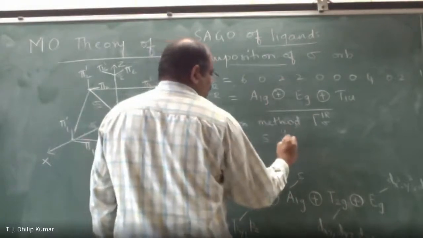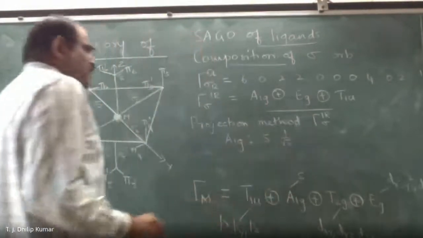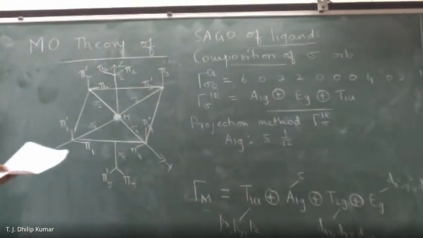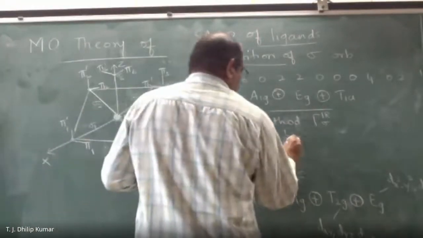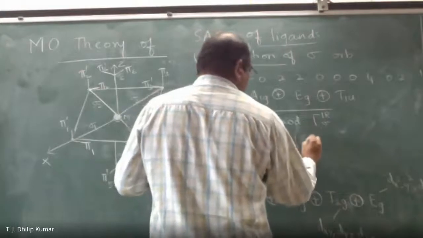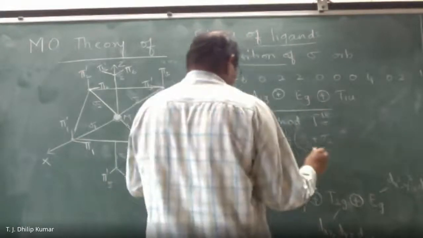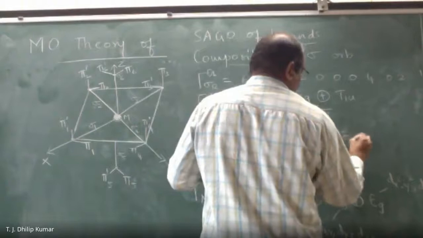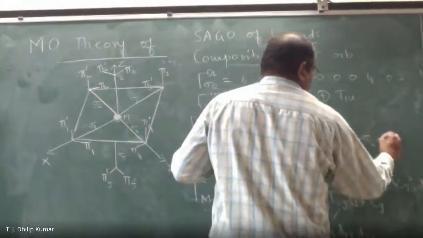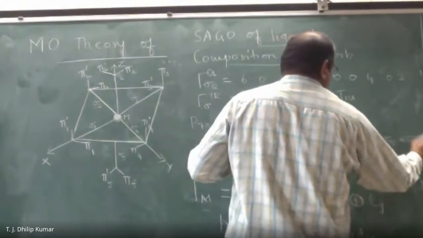So it will have a normalized function. I'm just writing the result, not deriving it. Once you understand completely, then you can go back and see how we got sigma 5 plus sigma 6.